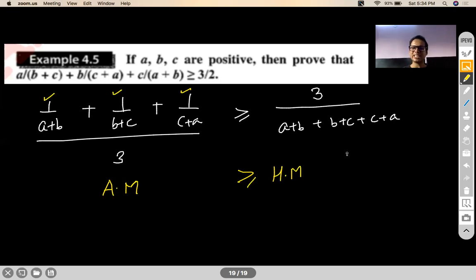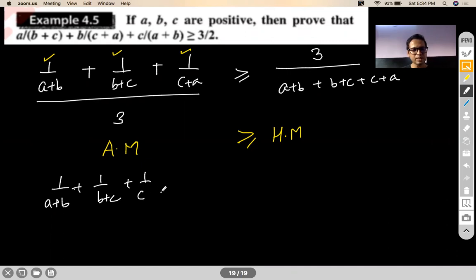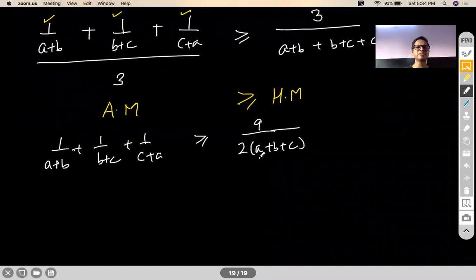Okay. In other words, what you're trying to say is, 1 by A plus B, 1 by B plus C, and 1 by C plus A is greater than or equal to 9 by 2 times A plus B plus C. Correct? Let's take this A plus B plus C to the left side.